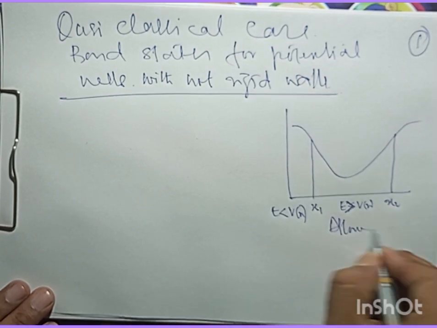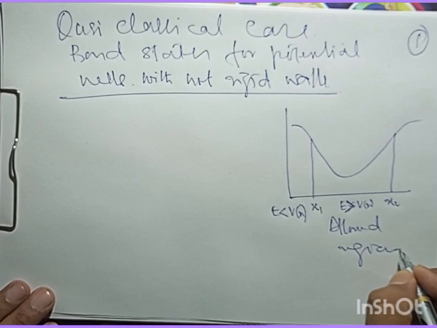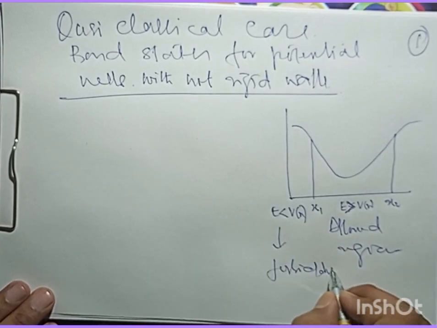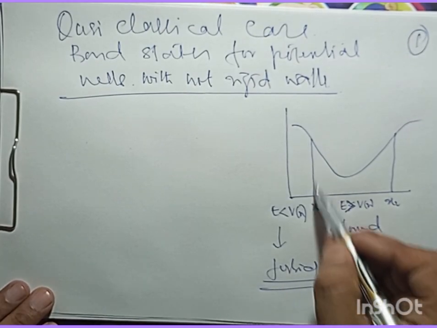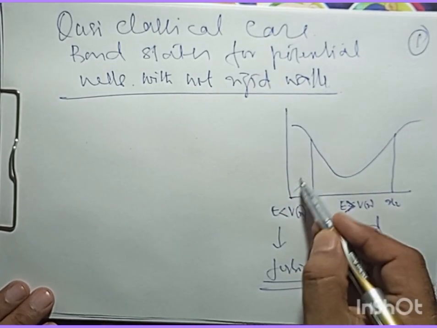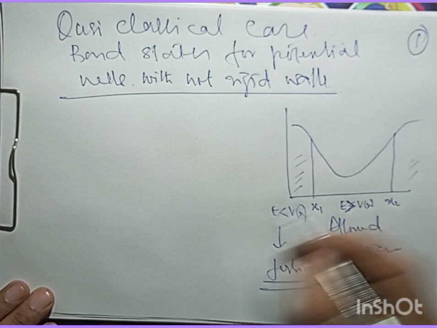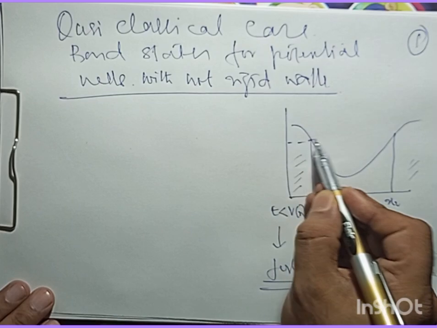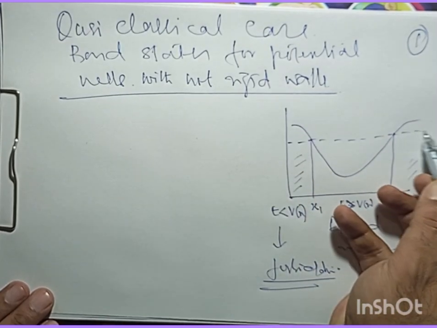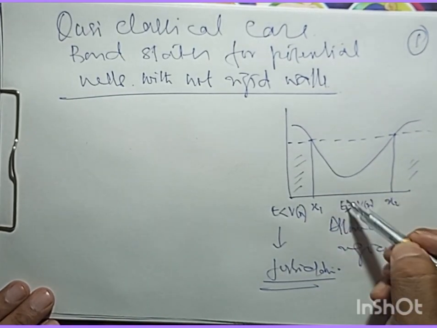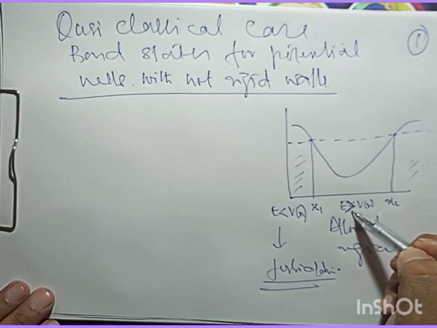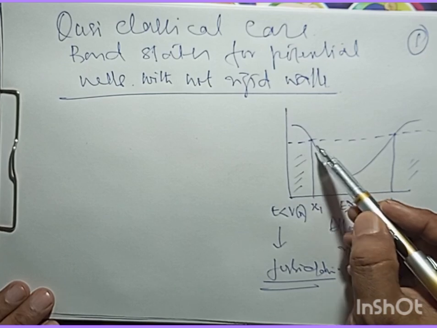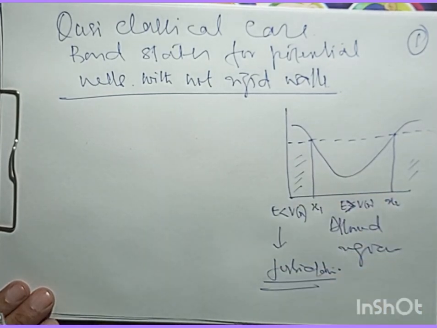So here we have the allowed region, and here we have the forbidden region in the classical domain. This is the classically allowed region, and these two outer regions are classically forbidden if I choose this as the reference of the total energy. Here E is greater than V of x, and then we have the classically forbidden region.